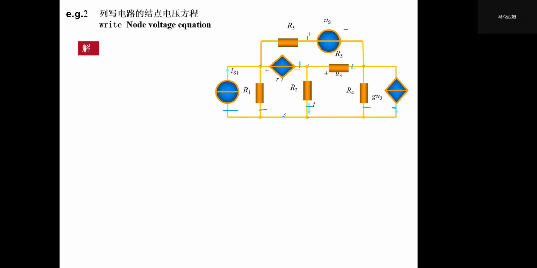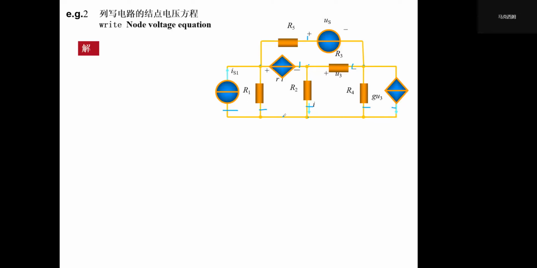If you use the branch current method to solve this problem, you're going to need to solve 8 equations for 8 unknown variables. But if you list the node voltage equations, there are only 3 unknown variables, and you only have to find 3 independent equations to solve this problem.